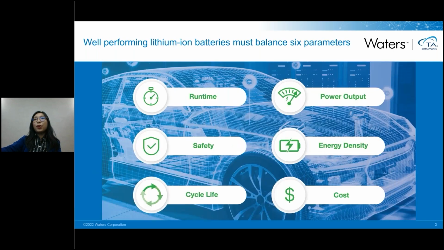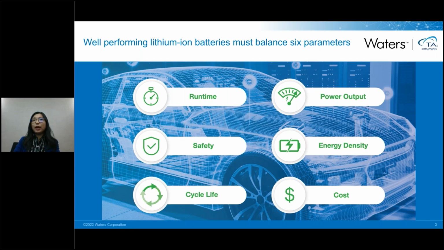So what we all know, there are six categories of parameters that have been leading to advanced change in lithium-ion batteries. First of all, increasing runtime, improving the power output of the battery, and hence safety, increasing electronic energy density, improving the cycle life of the battery, and reducing costs.